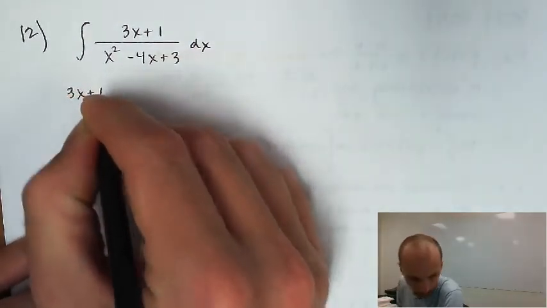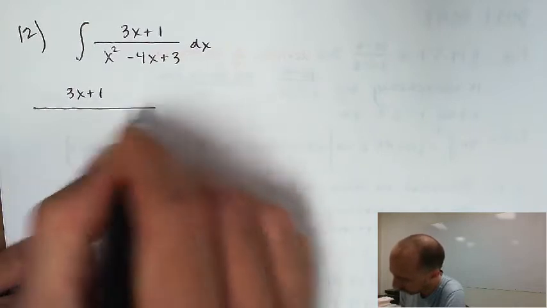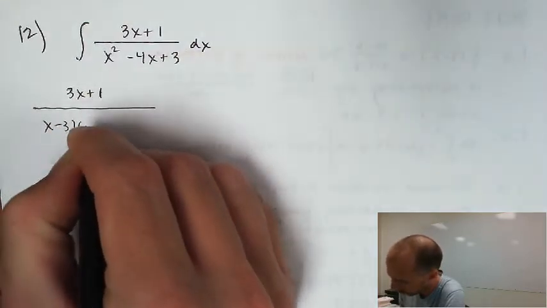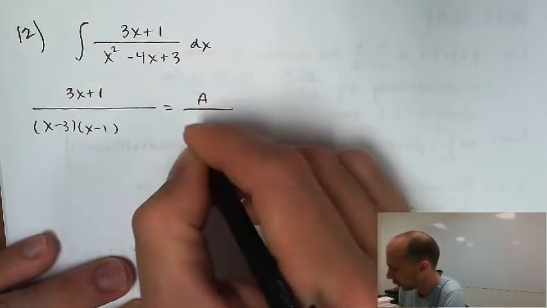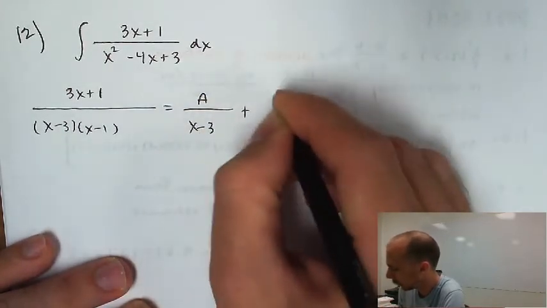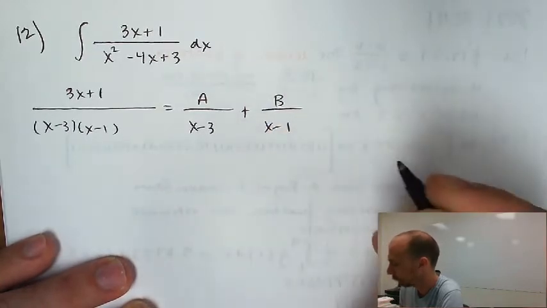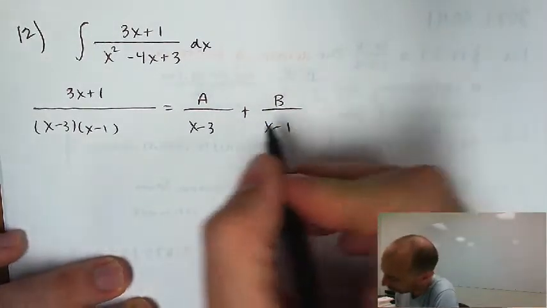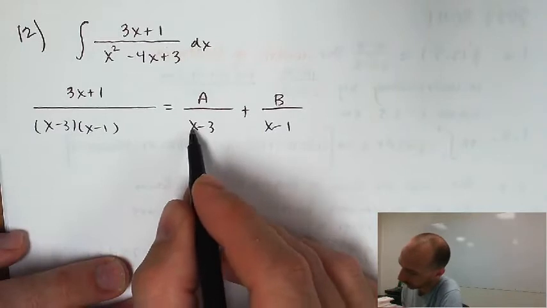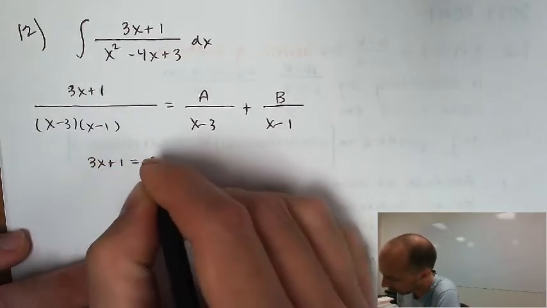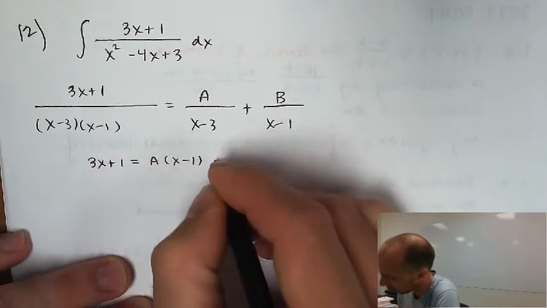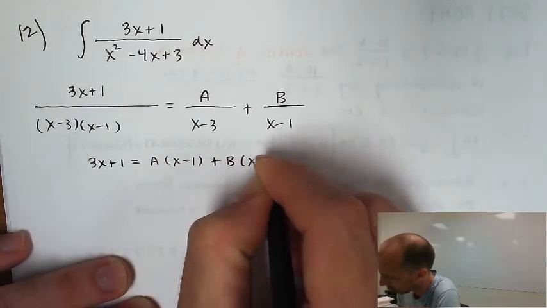So 3x plus 1 divided by x minus 3 times x minus 1 is going to be equal to some number divided by x minus 3 plus some other number divided by x minus 1. Now I'm going to multiply both sides of this equation by x minus 3 and x minus 1. So I have 3x plus 1 equals a times x minus 1 plus b times x minus 3.